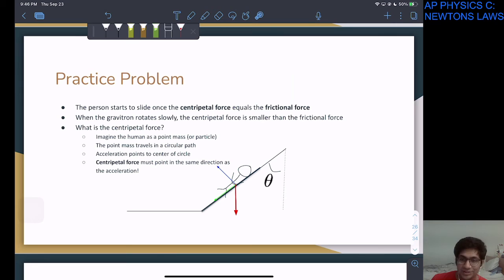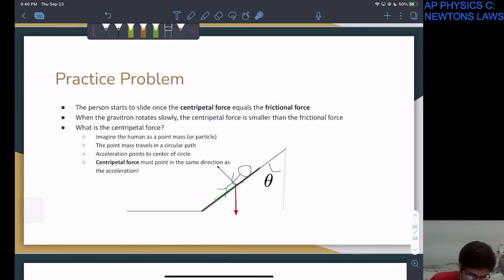That's the main force involved. If you were on ice, you would slide out right away. If you were on carpet, it would take a little bit more force. Once you start to overcome that, that's when you start to move.